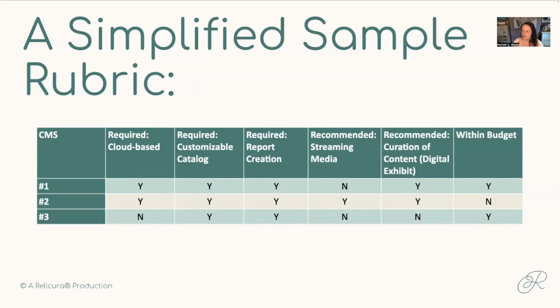For pretty straightforward, smaller teams, it could just be a binary yes or no: yes, required; no, this is recommended. For other teams where there's more nuance or complexity of needs, maybe you want to score on a 1 through 3 or a 1 through 5, and then average those scores to show a much more detailed spectrum.